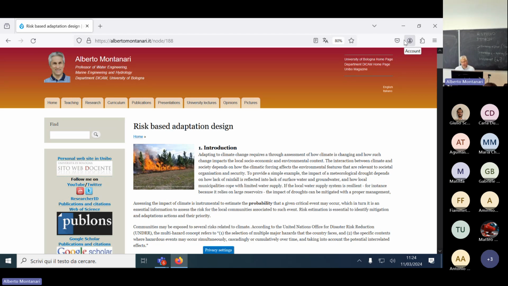This is quite obvious. When you think of the risks in our everyday life, like the risk of making a car accident, we recognize that the risk of making a car accident is higher with respect to the risk that I run when I take a plane. Okay.